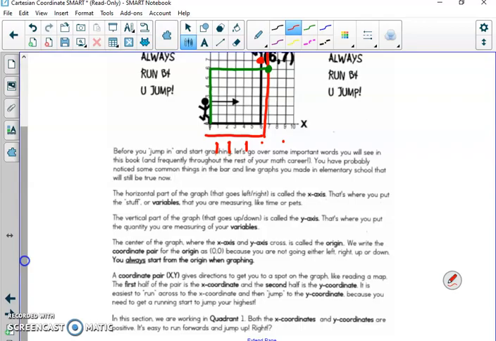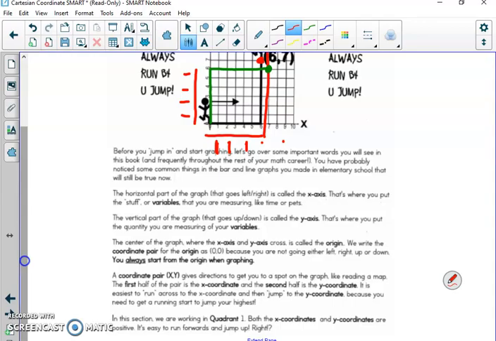Now, the vertical part of the graph, the part that goes up and down, that's the y-axis, and that's where I'm going to put the quantity that I'm measuring. So if I wanted to know how many black cats I'm measuring, I put that here, and then I'd put the numbers going out this way. Now, that's the same throughout all sorts of graphing.